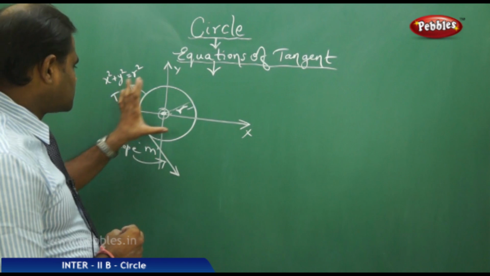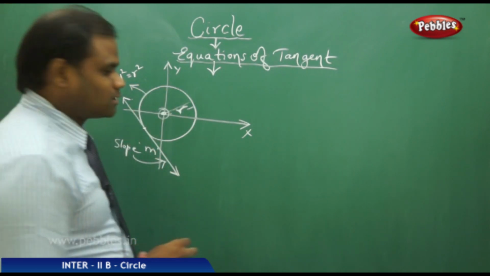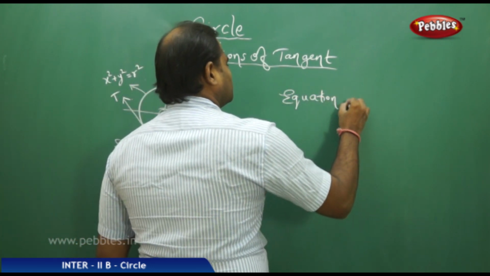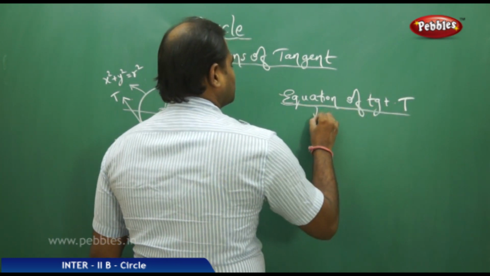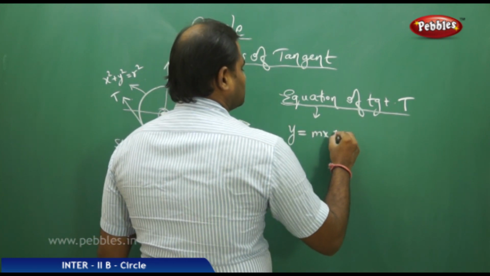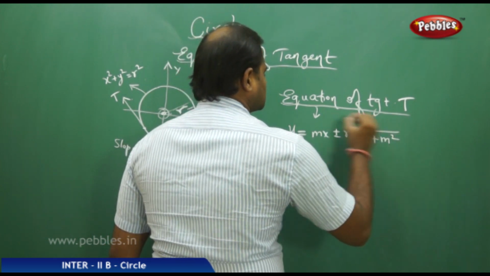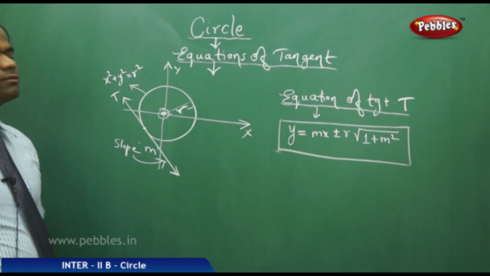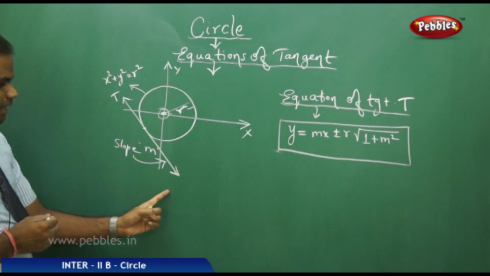Now for a line which is a tangent to the circle x square plus y square equal to r square with slope m, the equation of tangent is given by the formula y equals mx plus or minus r times root of 1 plus m square.